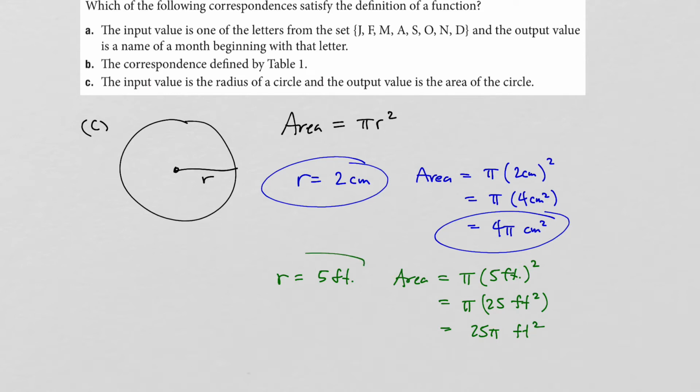So once again, a single input value gave us a single output value. And it's not too hard to see that for every number that you plug in for r, you will only get one number for the area. So the answer here is yes, this is a function.